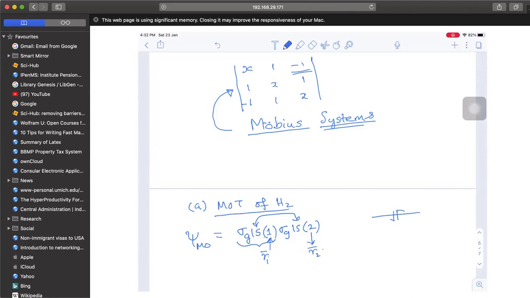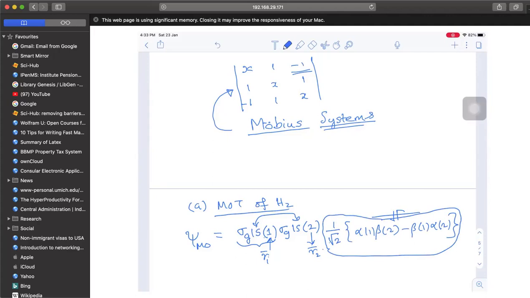They will be paired, and for a pair of electrons having opposite spins, the spin part of the wave function will be 1 by root 2 times alpha 1 beta 2 minus beta 1 alpha 2. All that it says is that you have a singlet state obtained by the pairing of two electrons.